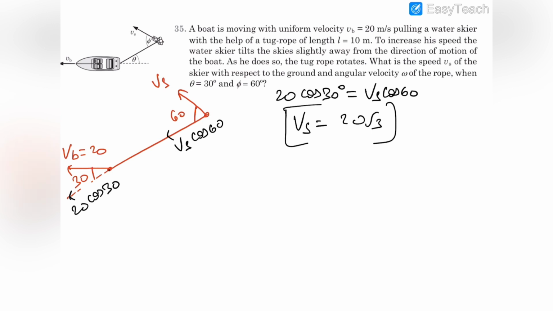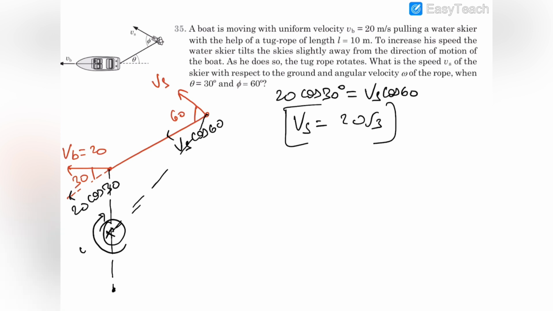So if we draw these two perpendiculars to these velocities, then they would meet at this point somewhere like that. So let us say that this is the instantaneous center around which these are rotating.